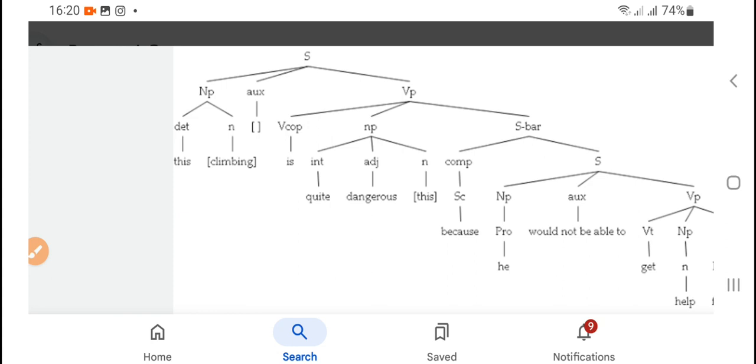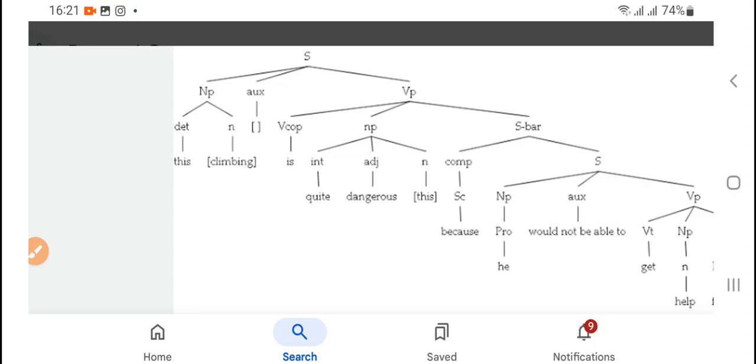Dangerous, this is a noun. This is a demonstrative pronoun actually. And then the complement, that's a sentence complement because, right? Subjective, that is a sentence again. He would not be able to. It's all auxiliaries, right?